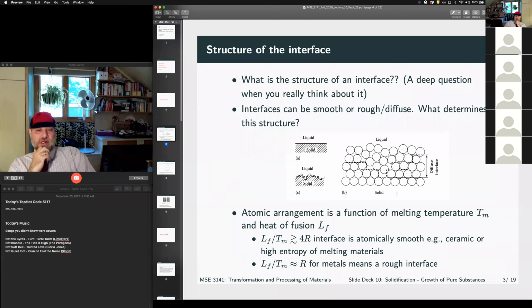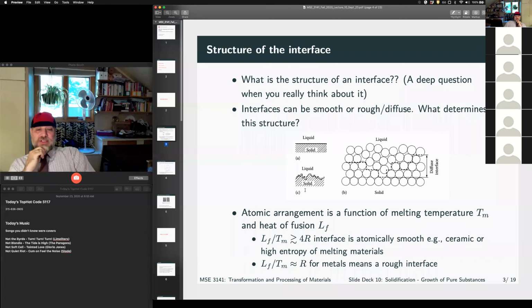So how high the temperature is and the heat released. So another way of saying that is that the atomic arrangement is going to be directly related to the entropy of fusion, right?